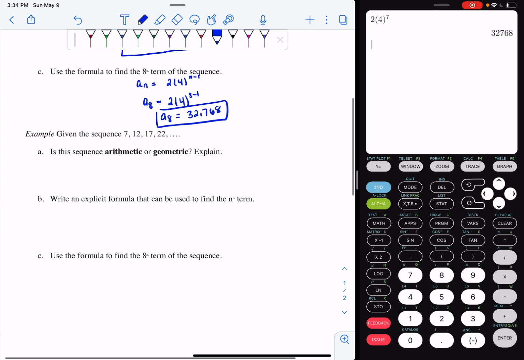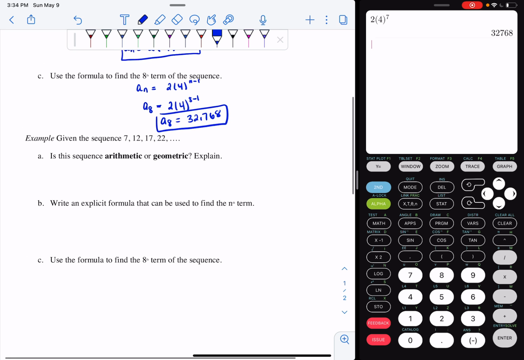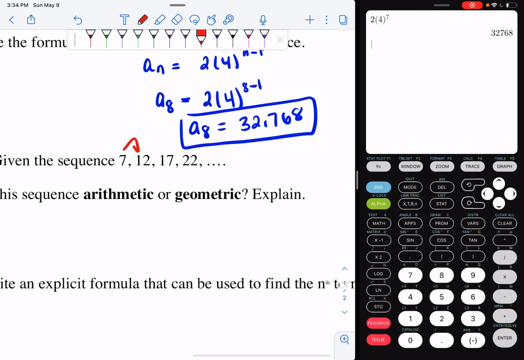Now let's look at the following problem. Given the sequence 7, 12, 17, 22, answer the following question. Is the sequence arithmetic or geometric? And then explain. Very good. This sequence is arithmetic. The reason why is because I'm going up by 5 every single time.